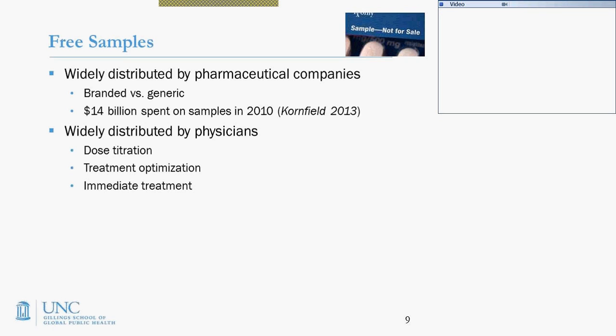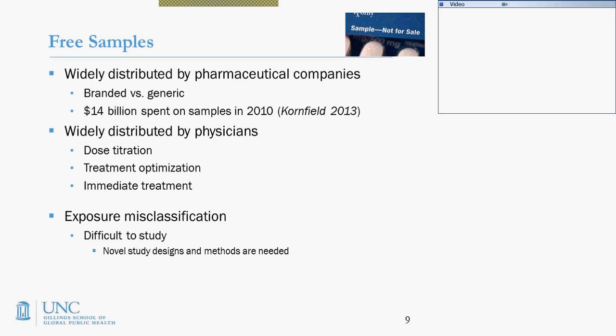That would result in exposure misclassification when we use these claims data to identify new users. And because there's no record in the claims, it's really hard to study free samples or to find evidence for them using claims data directly.